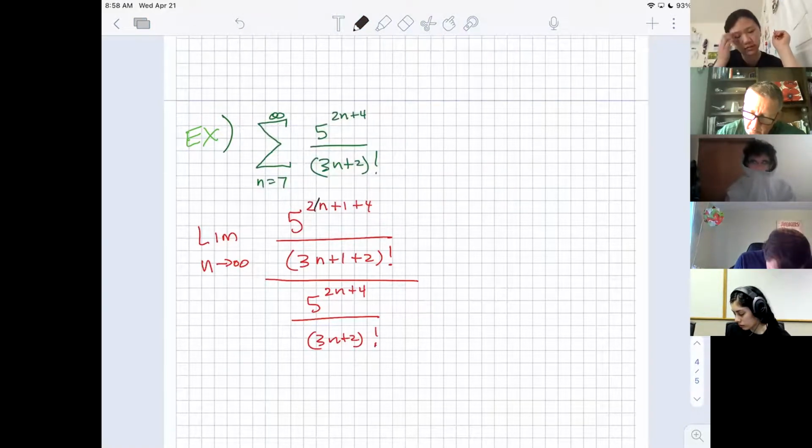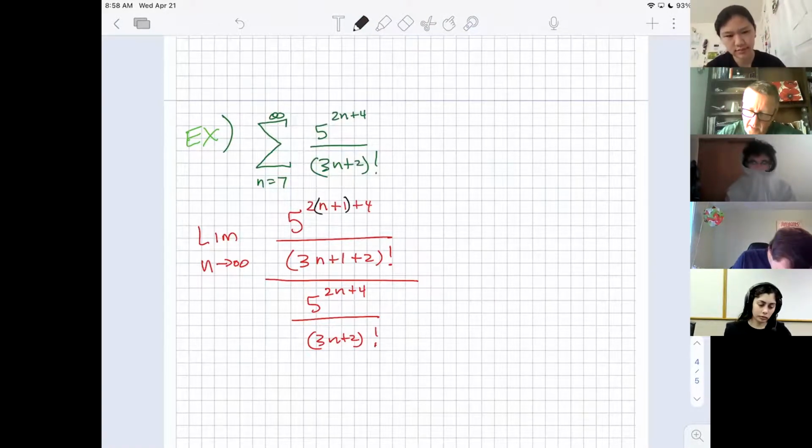And so 2 is being multiplied by n. Well, now n is n plus 1. You need that parenthesis there. And 3 down below is being multiplied by n plus 1.